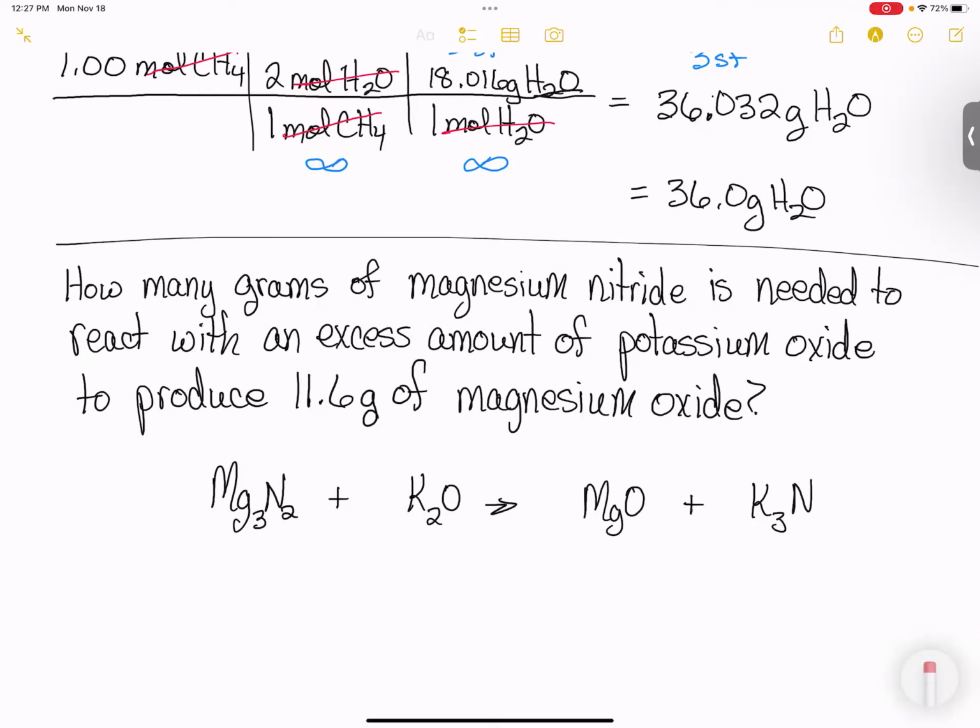So this reaction needs to be balanced before it can be used. So again, anytime you're dealing with a chemical reaction, step number one is to balance the chemical reaction, or at least to view it and say, is it balanced?